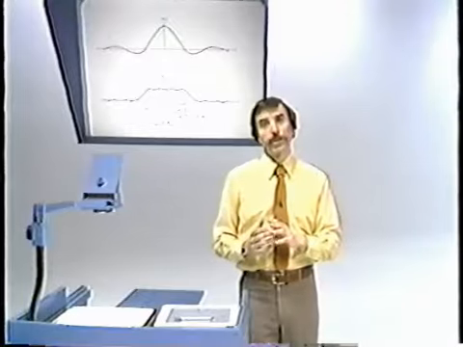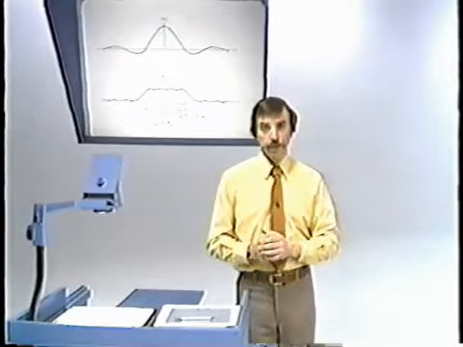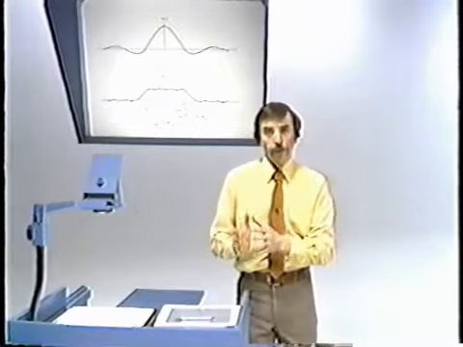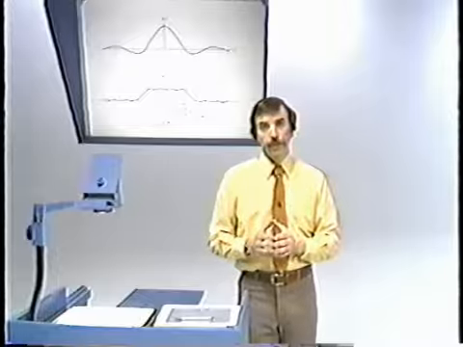Now, that's what I want to demonstrate, but let me again stress and ask you to keep in mind that this demonstration is done without an anti-aliasing filter in, and we are going to be changing the sampling frequency.